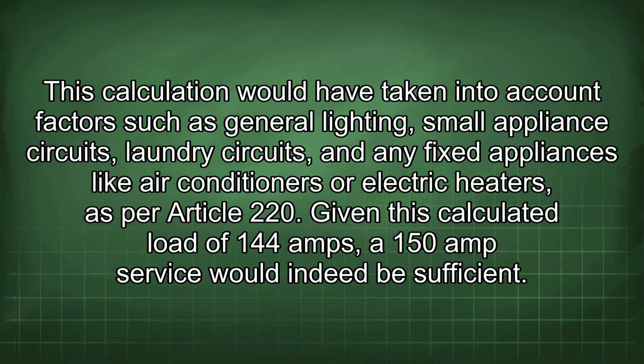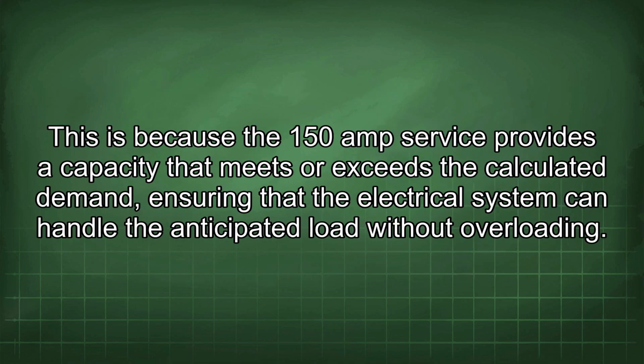Given this calculated load of 144 amps, a 150 amp service would indeed be sufficient. This is because the 150 amp service provides a capacity that meets or exceeds the calculated demand, ensuring that the electrical system can handle the anticipated load without overloading.